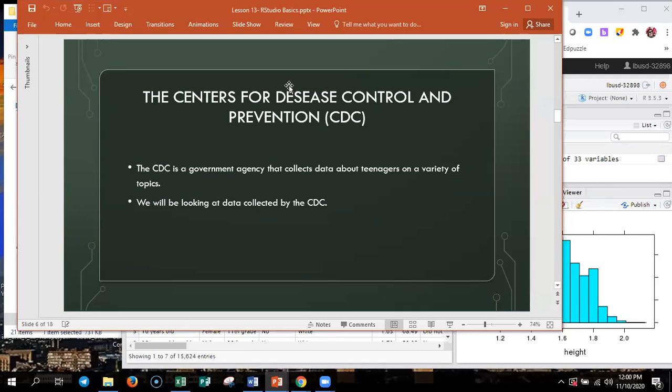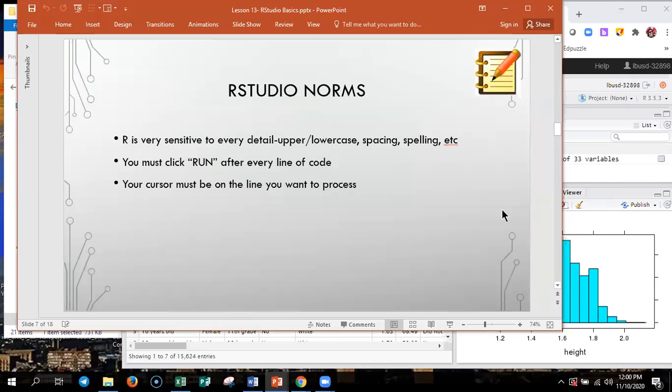The Center for Disease Control and Prevention, also known as the CDC, is a government agency that collects a lot of data. This data specifically is about teenagers on a variety of topics. So they've compiled a bunch of data that they've collected about teenagers. We're going to be taking a look at that data.